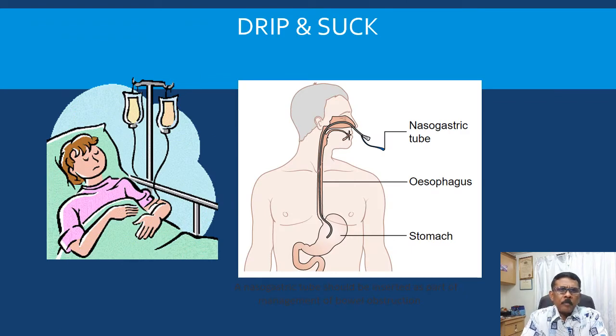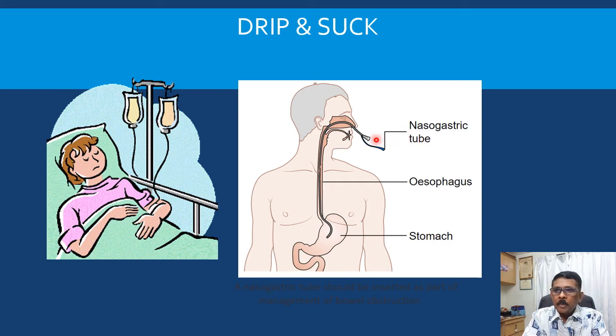This diagram shows you the drip and suck regime which I've explained to you earlier. This is the drip. The patient is on a drip. Sometimes he or she may need more than a drip to increase the fluid infusion. This is the nasogastric tube, or NG tube as we call it.